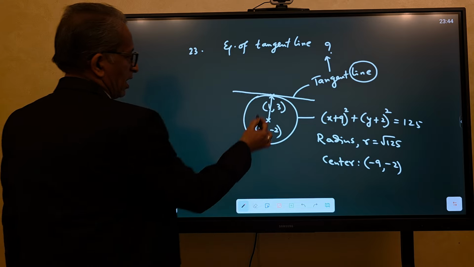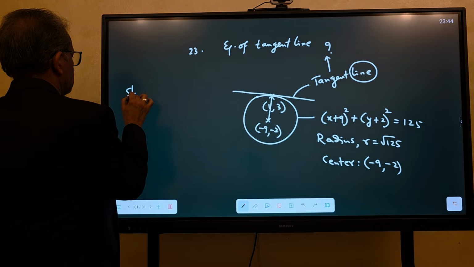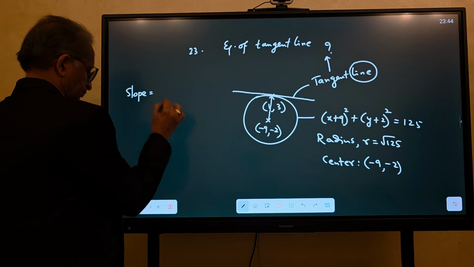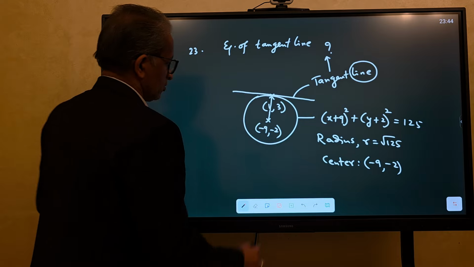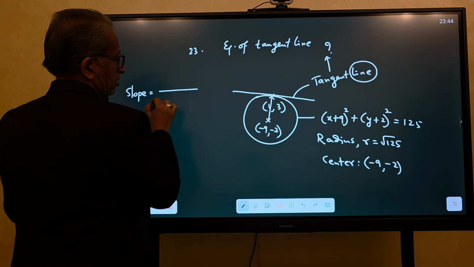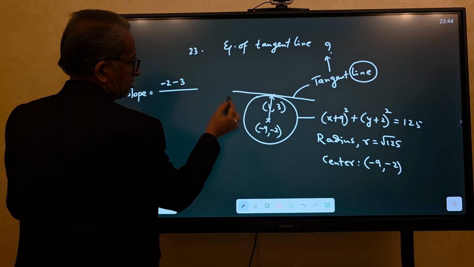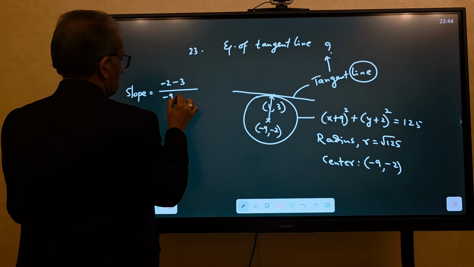So I can find the slope of this line. What is the slope? The difference of y coordinates, that means minus 2 minus 3, right? And minus 9 minus 1.